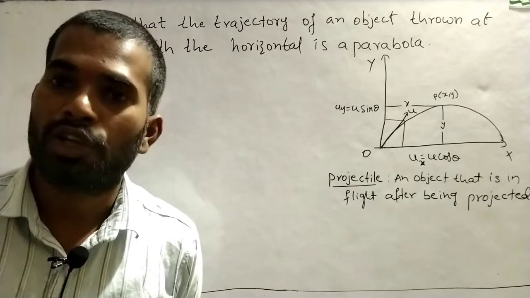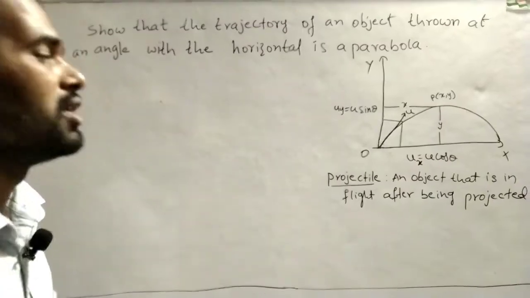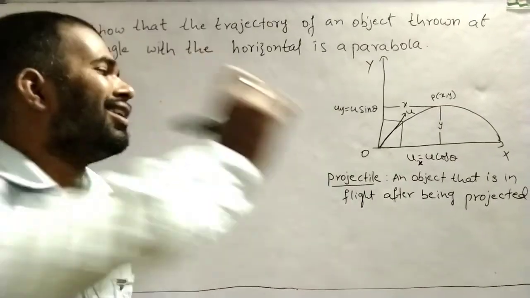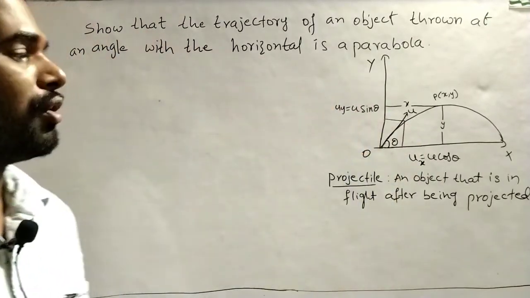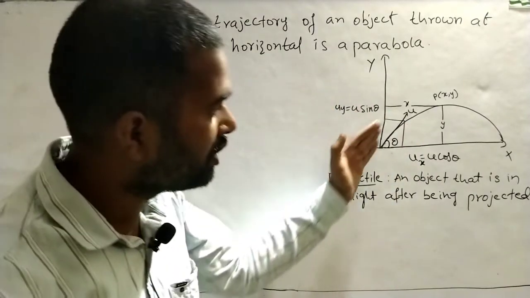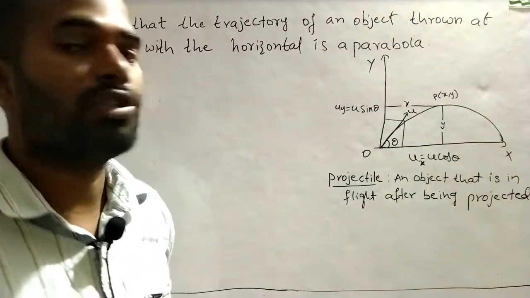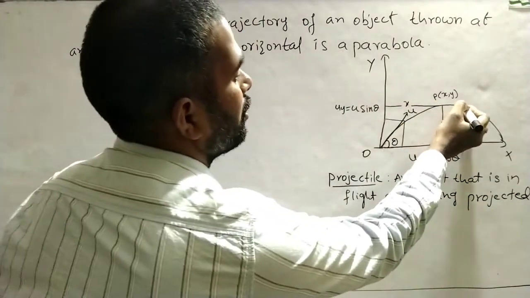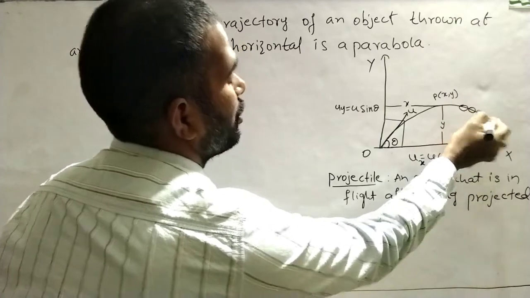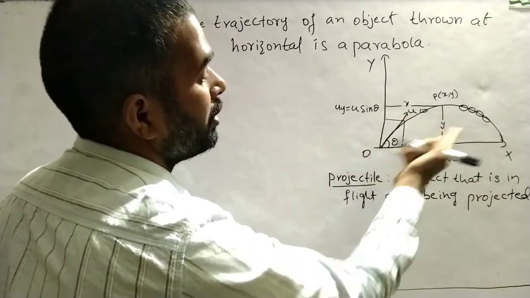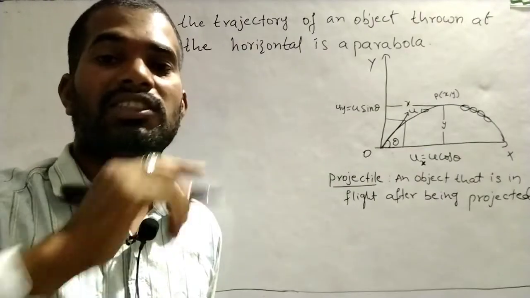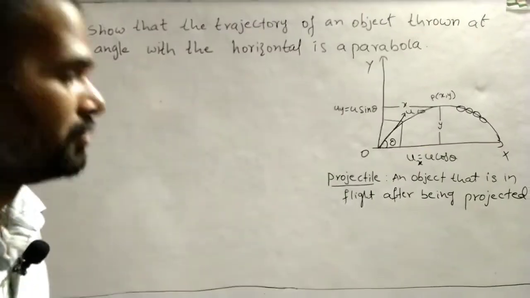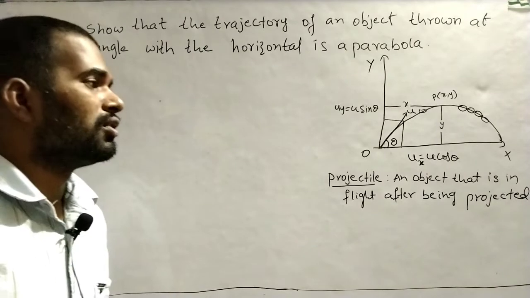So here we are throwing that object making an angle theta with the horizontal. Projection means we are throwing an object like this, we are throwing one ball like this, making an angle theta with the x-axis or horizontal direction.